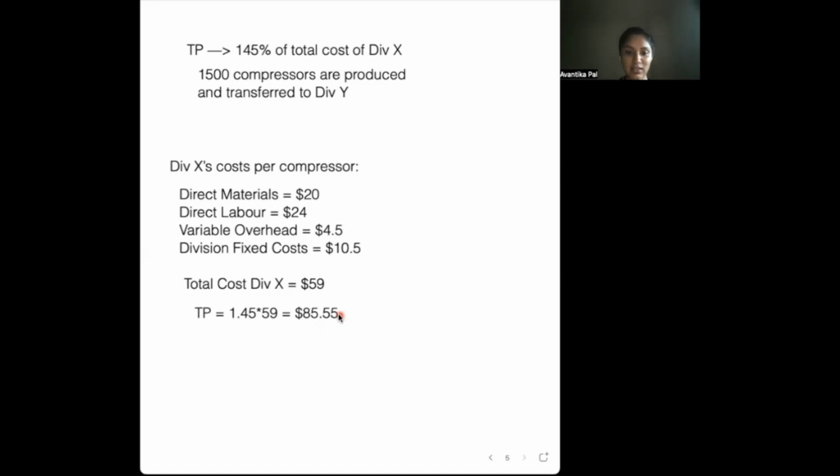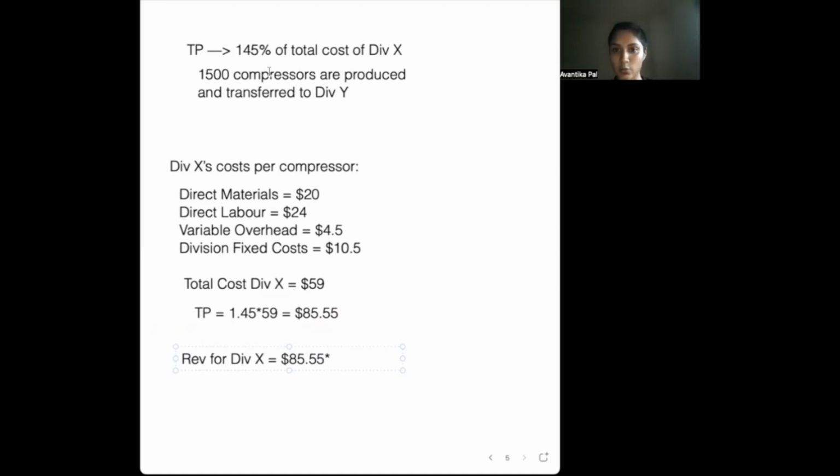And what we're trying to do is find the operating income of Division X. So for your revenue for Division X, it would be that price, which is 85.55 times how much you've sold.